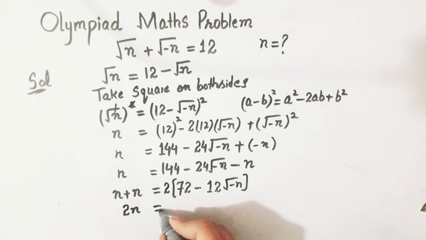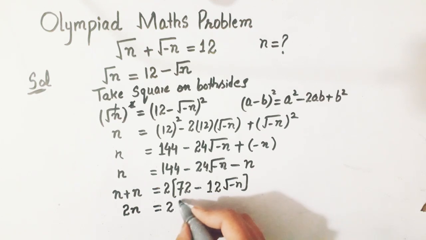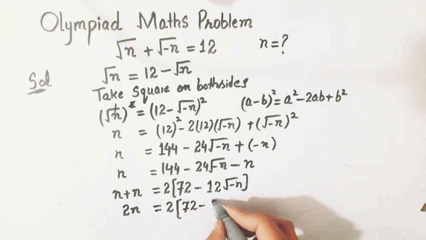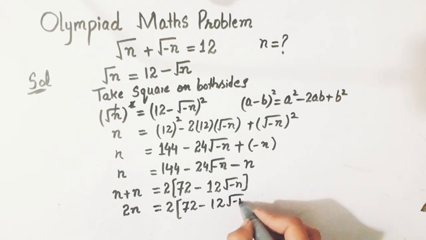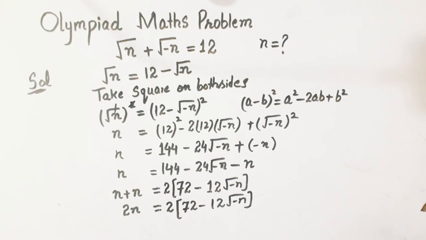So 2n equals 2 into root of 72 minus 12 root of minus n. So 2 and 2 are cancelled out and we have n equals 72 minus 12 root of minus n.